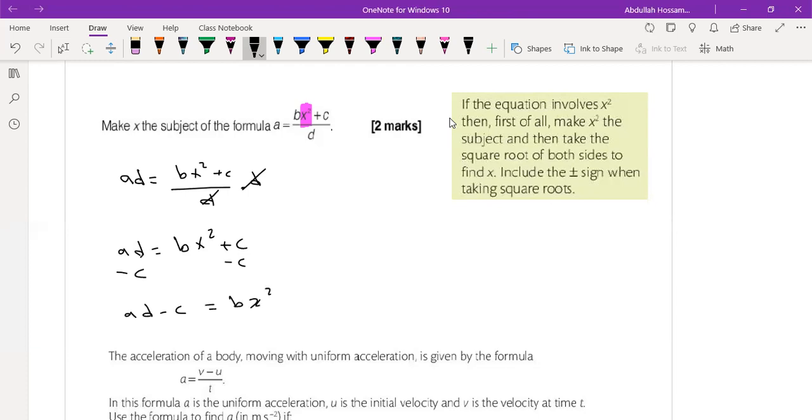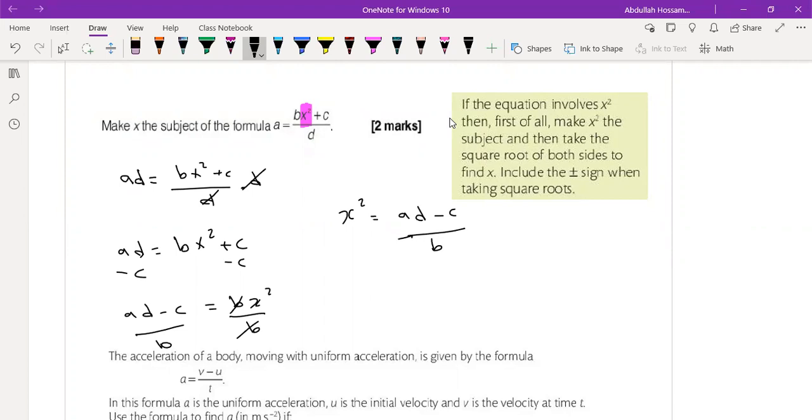And then ad minus c divided by b. Exactly. We divide by the coefficient b. So we divide here by b, and then we have x squared equals ad minus c over b. Thank you very much, Aitan.